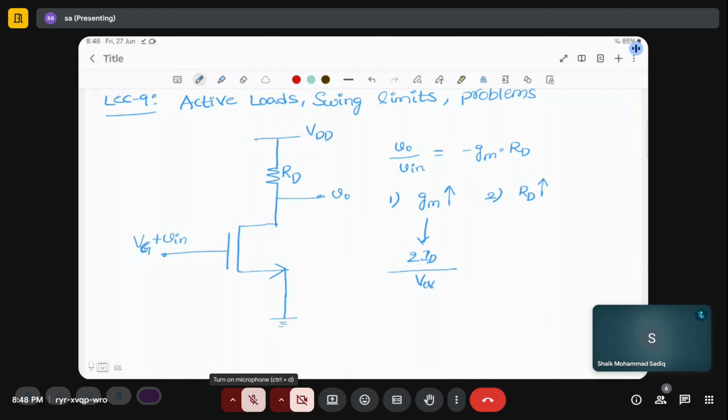What happens if ID increases? What is the DC output voltage? VDD minus ID RD.